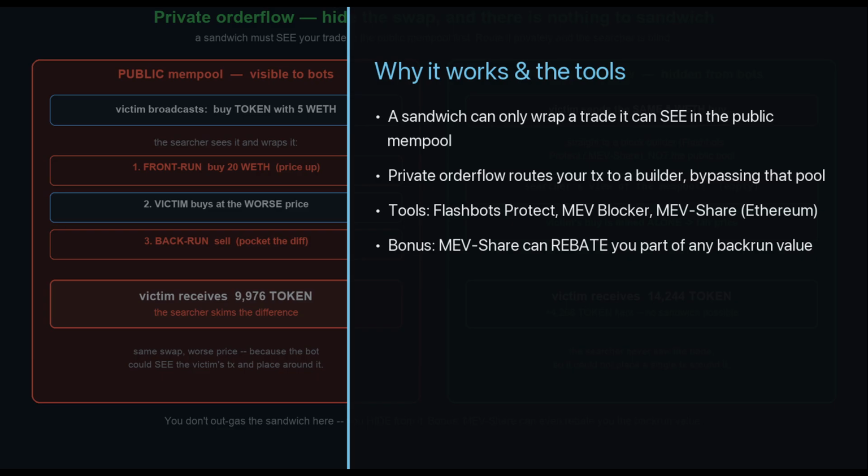And many wallets and RPCs offer this as a simple setting, and there's an even better twist. MEV-Share lets you selectively share just enough about your trade to capture a safe backrun, and it rebates part of that value back to you, so the searcher's edge becomes your refund. Don't outgas the sandwich, hide from it, and get paid for what's left.